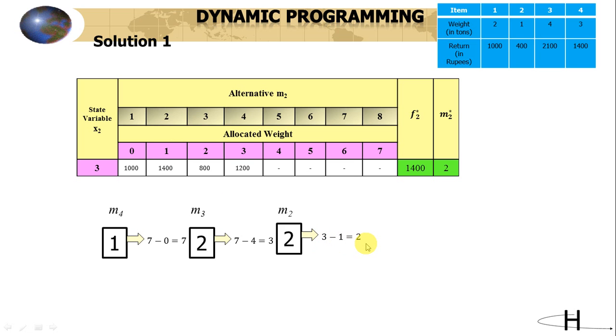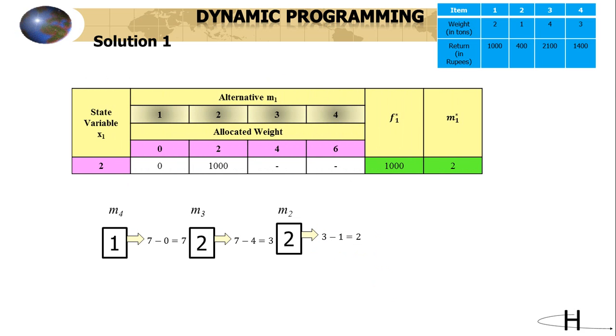Now let's come towards stage 1. Now I still have 2 ton weight. For the 2 ton weight, I can allocate item 1 with quantity 1. So I can allocate 2 ton weight of item 1.